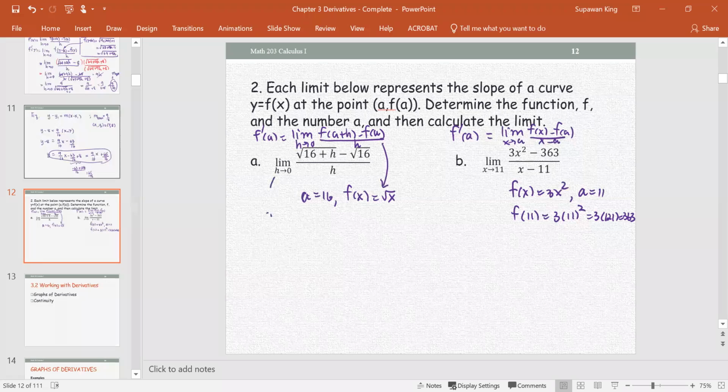That means in part A, we are going to find the limit, which represents the derivative of the function at 16.